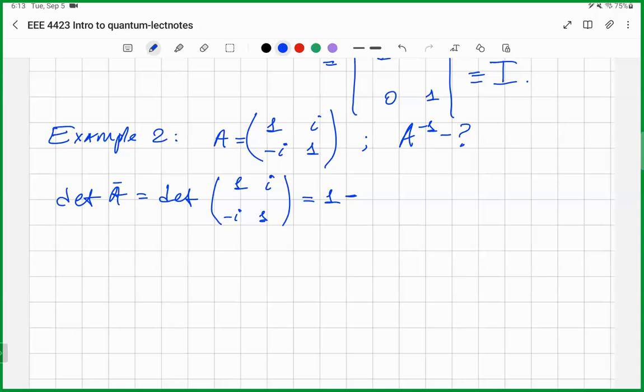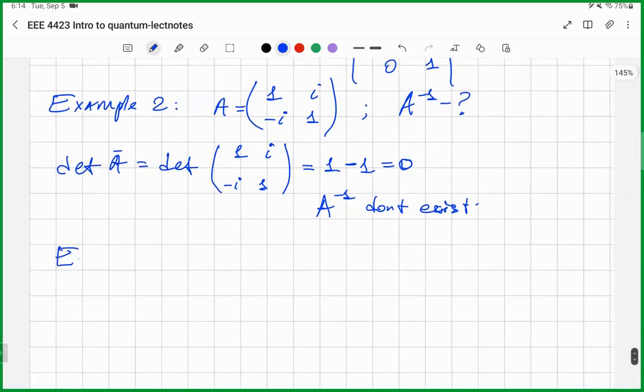This minus is plus 1. So it's 1 minus 1, equal to 0. So this means that this matrix doesn't have an inverse matrix. It doesn't exist. So it's not a good matrix for the inverse matrix problem.